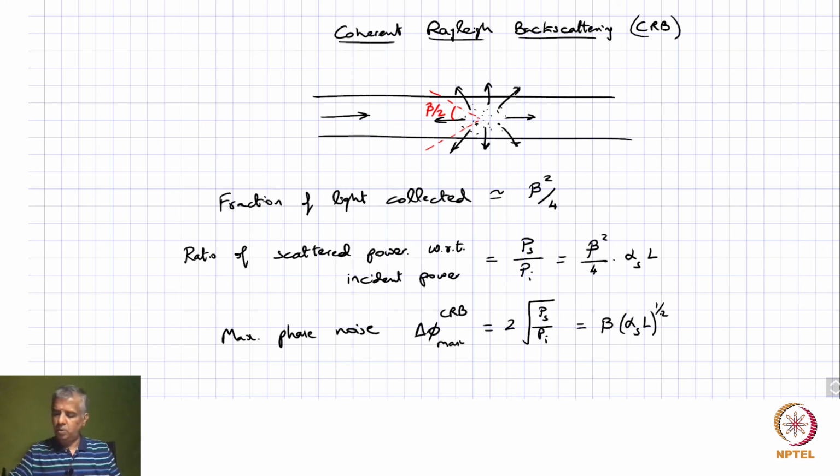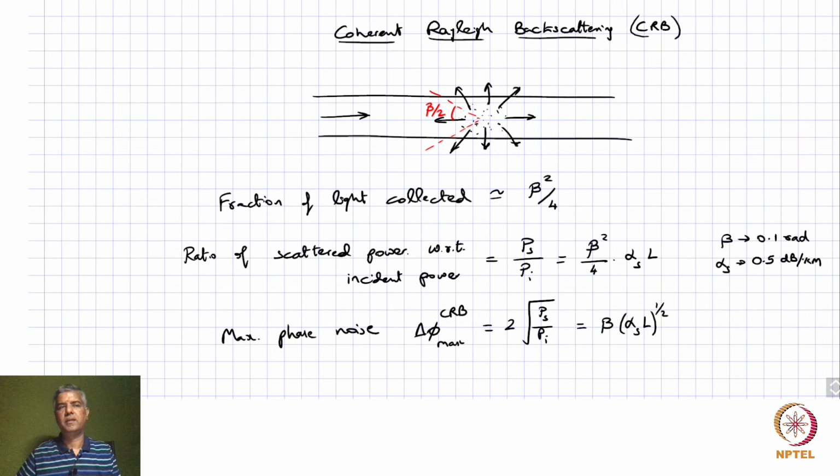Okay. Now, let us actually start putting some numbers to this. So, beta is typically about 0.1 radian, and alpha s, the scattering loss, can be a maximum of up to 0.5 dB per kilometer, right.